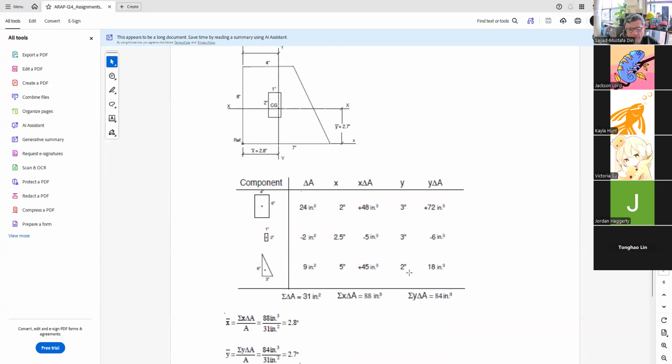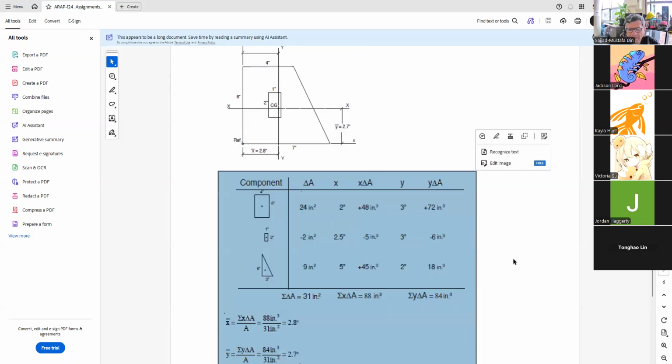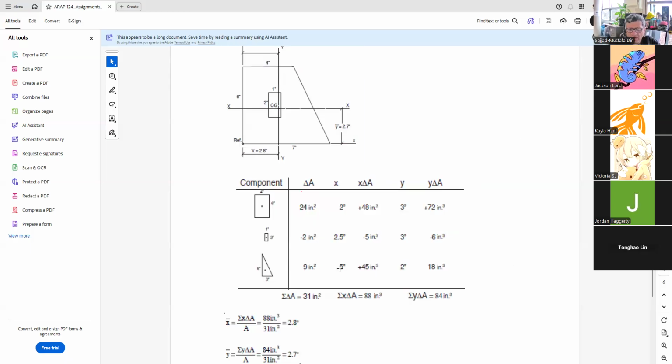And then the centroid for y is 1/3 of the height. So in that case, it's 2. And then you plug that in. You know the area, you know x, 9 times 5, 45. You know the area, you know y, it's 18.